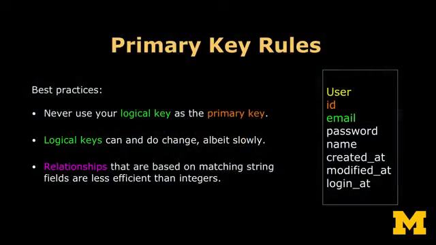So the primary key is a somewhat counterintuitive notion for a lot of people. You think to yourself, well, your email address is your email address, and why wouldn't you use that everywhere? And there are some database experts that might even tell you that's a good idea. But it's not a good idea. Those database experts are wrong.